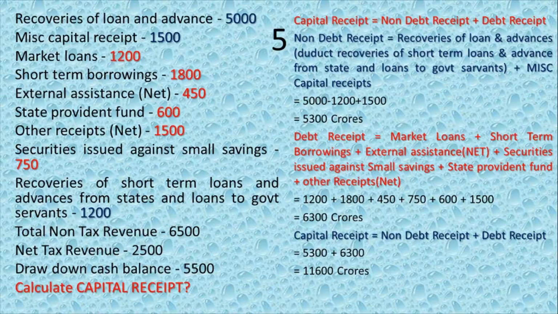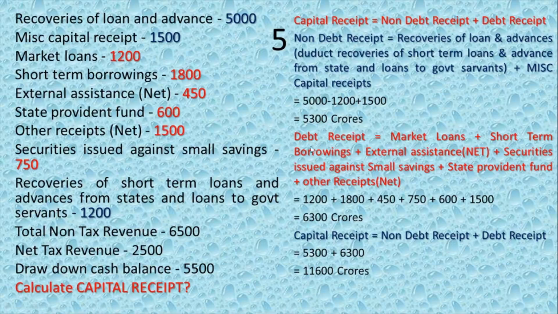So here recoveries of loan is 5,000, minus we have to deduct the recoveries of short-term loans and advances from state and loans to government servants, which is 1,200, then add miscellaneous capital receipt. Miscellaneous capital receipt is 1,500, so we will get 5,300 crores.